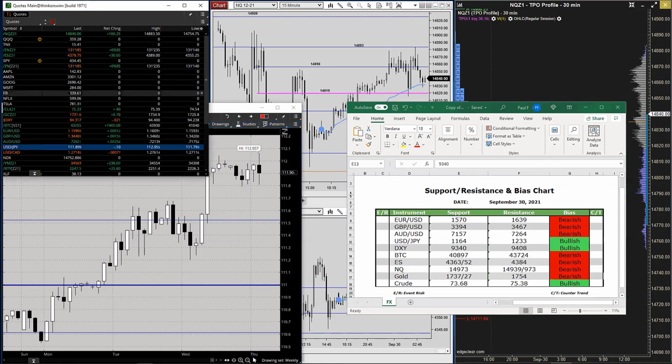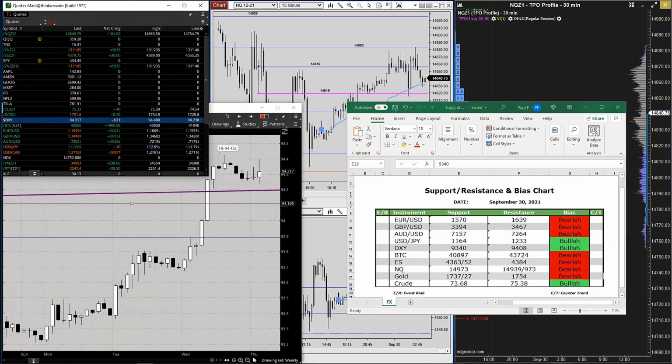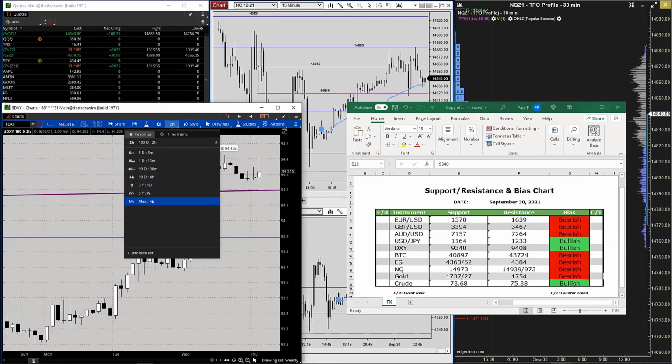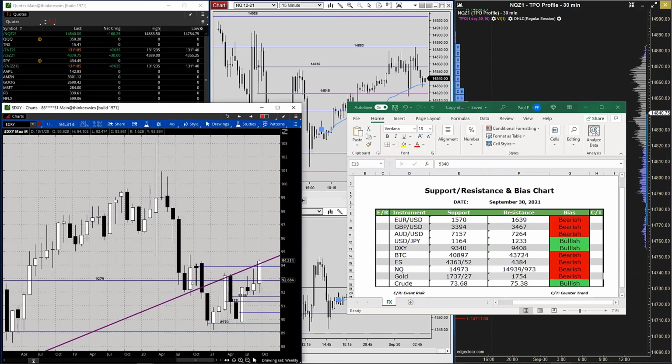And into the cash dollar index. Same thing here, the top of this wick, and you can see right here, this wick, see where they confluence. 94.62.